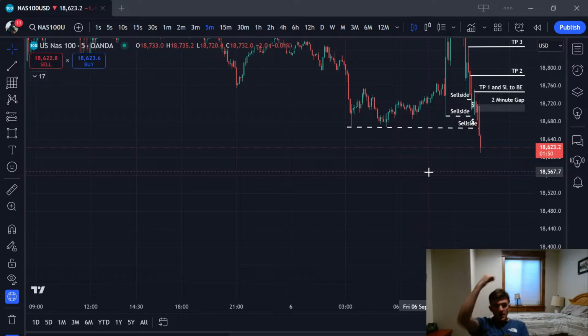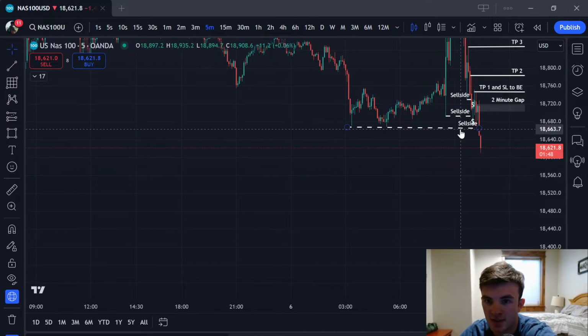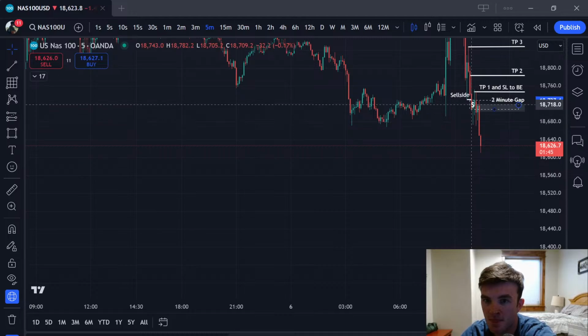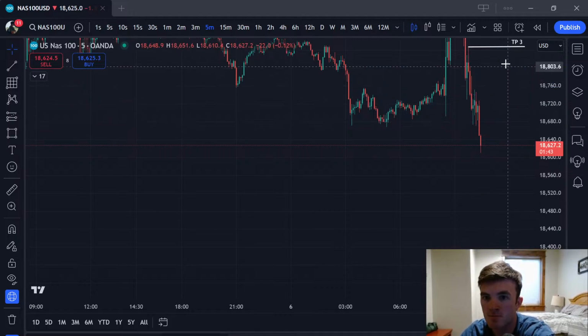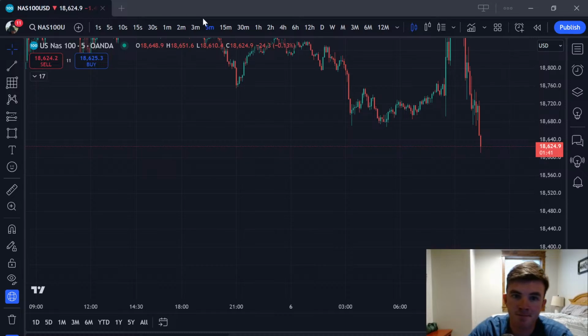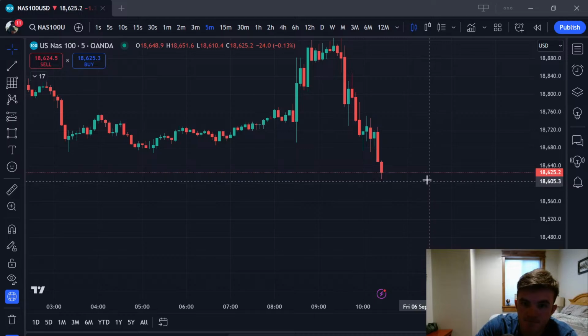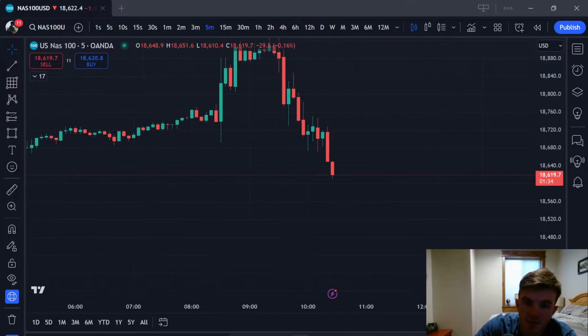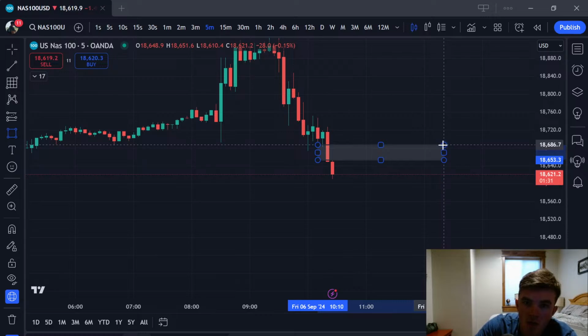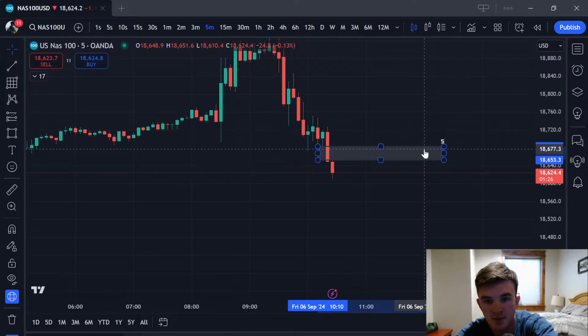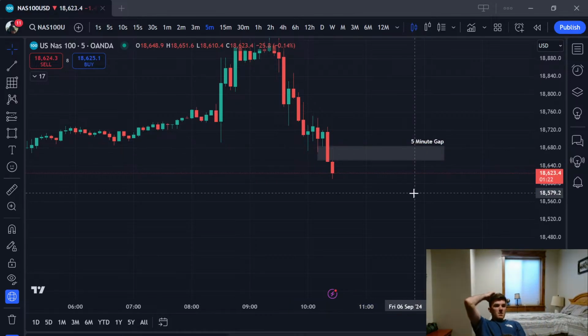So, I guess we'll get rid of everything because I think this is honestly validated now. I guess if this 5-minute inverses, then fine, but I honestly don't think it's going to anymore. Looks like we're gonna keep going down.